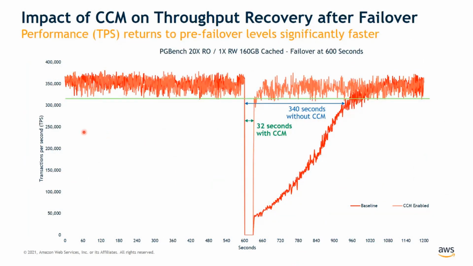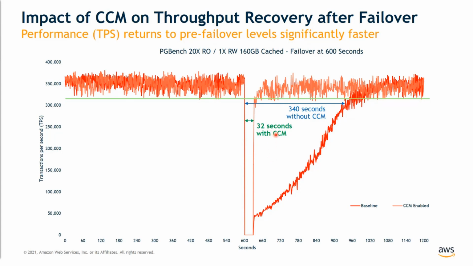So here, you see the database is running fine, and then for some reason it has a problem and has to restart. Without cluster cache management, it could take minutes before the cache is built up in a way that restores the kinds of performance it was seeing before the crash or the restart.